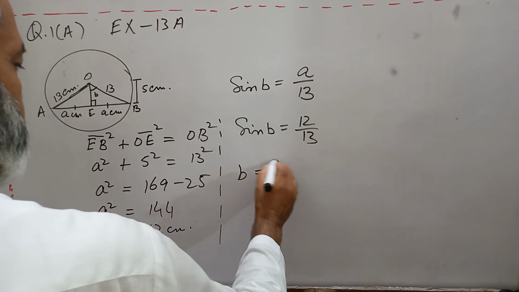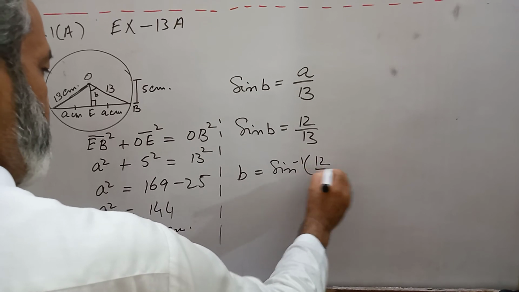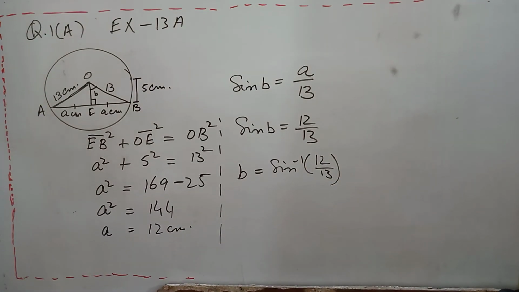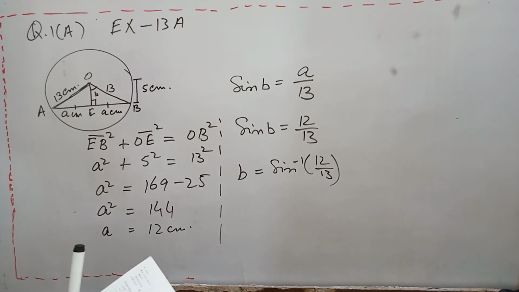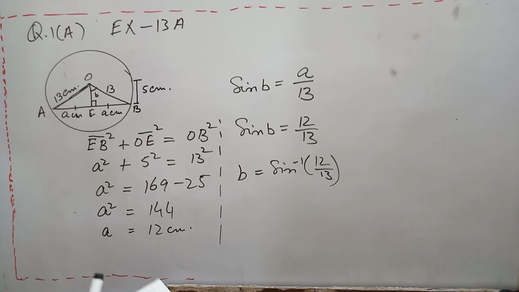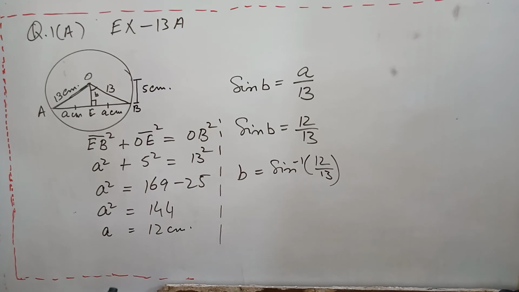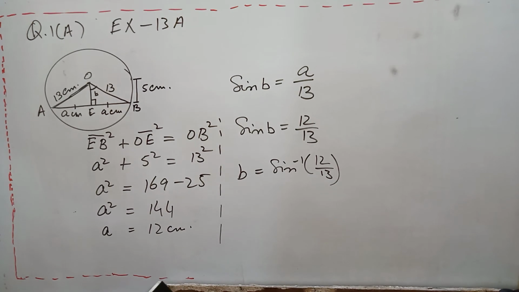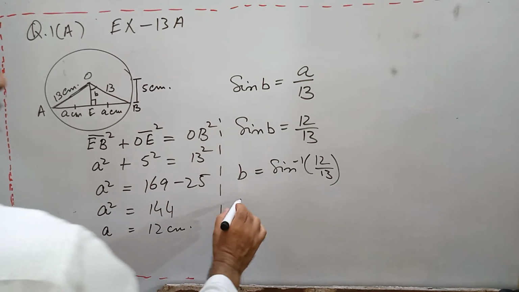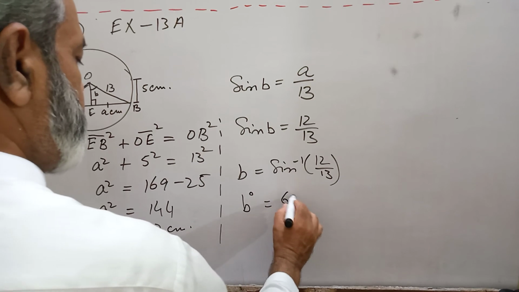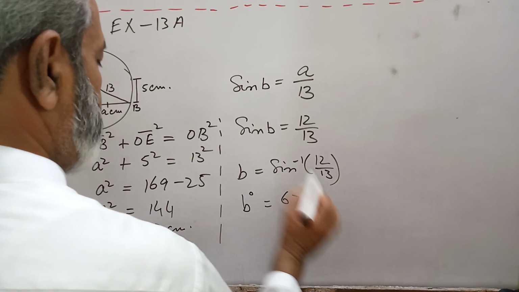So B equals sine inverse of 12 over 13. Using the calculator, the answer will be 67.4 degrees.